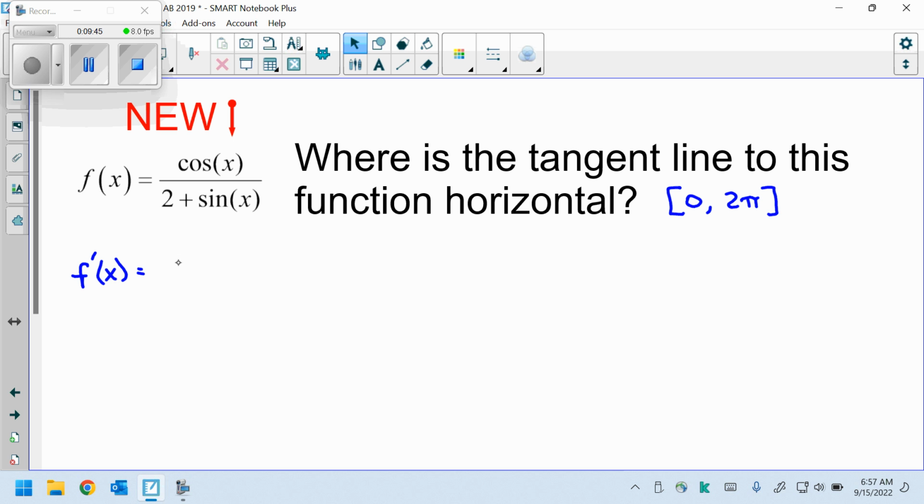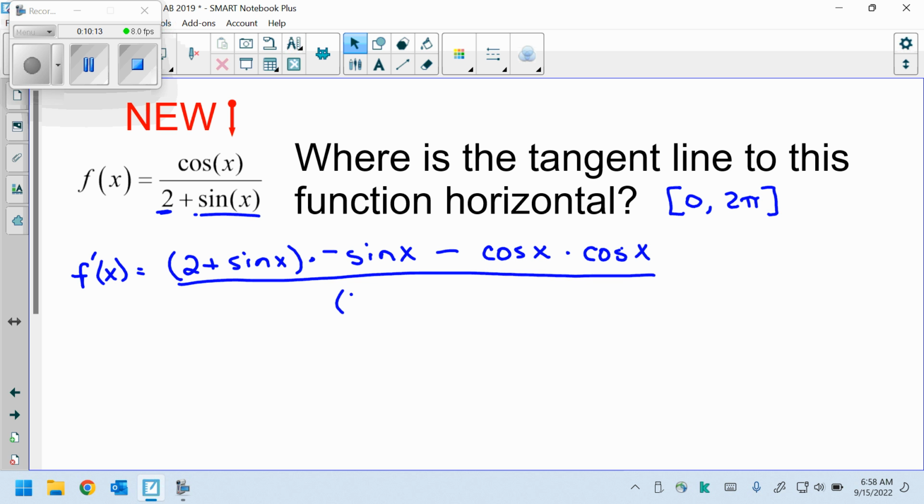I would have to take low d high, derivative of cosine is minus high cosine. And the derivative of the bottom, derivative of 2 is nothing. Derivative of that is cosine over low. And I would want to set this equal to 0.